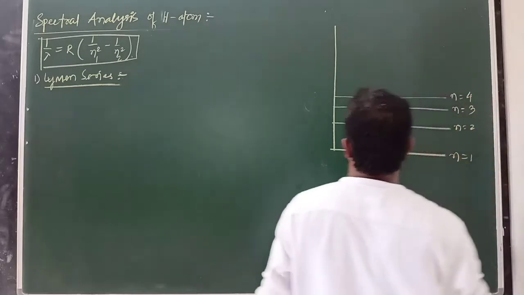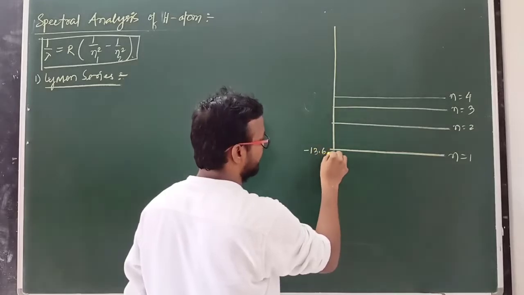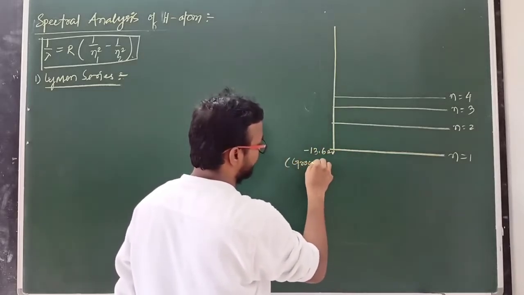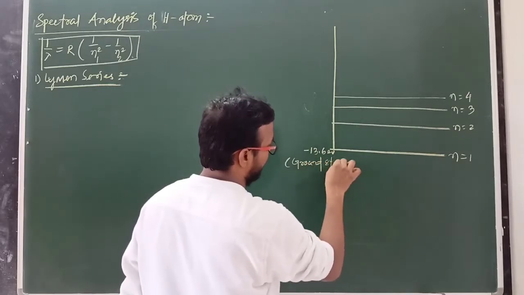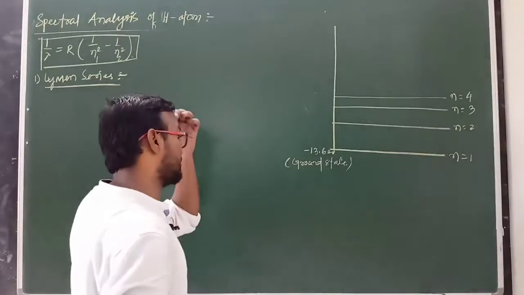And this energy is minus 13.6 electron volt. This is known as the ground state energy of the hydrogen atom according to Bohr's atomic model.